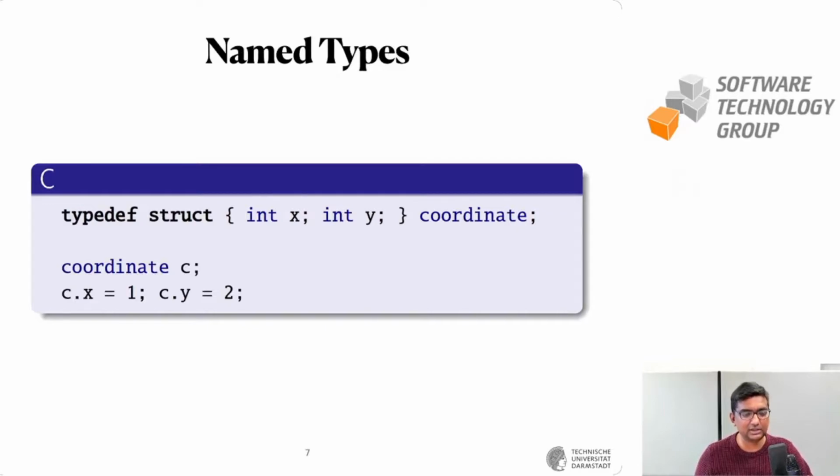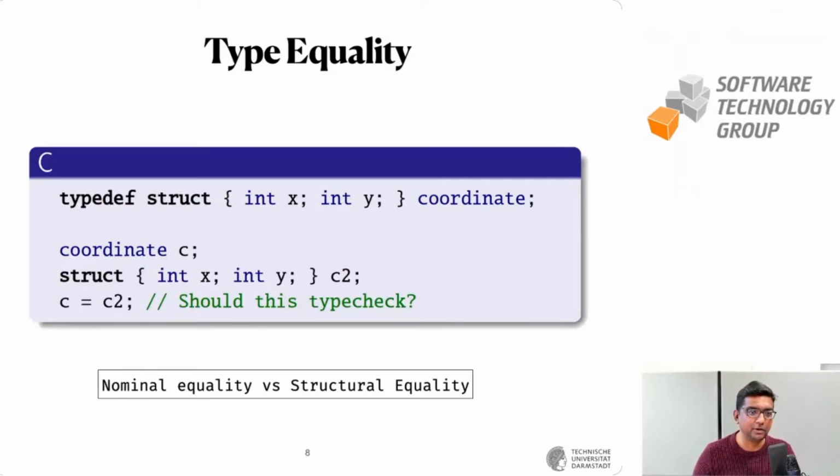Another important thing to look at is that types can also have names, named types. Here, for example, you're defining a struct type which contains two values, x and y, and then this whole typedef is called coordinate. Now the internal types would be named c.x and c.y. Why is that relevant? To perform type equality. So let's extend the same example with another struct, this time without a name, which contains two values, int x and int y, and then there's a variable of this new struct called c2.